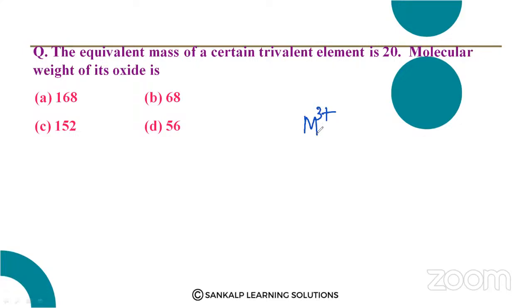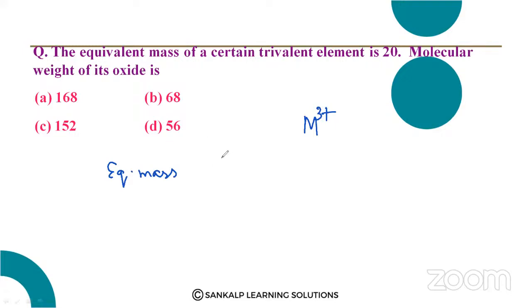The molecular weight of its oxide is, you have to find. These are the options. Here the equivalent mass is given. We have to find the atomic mass first.